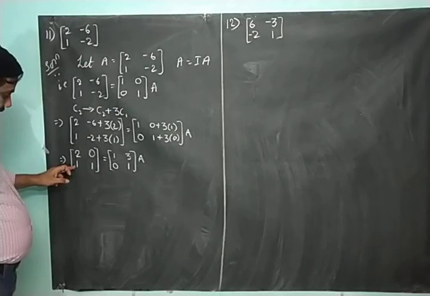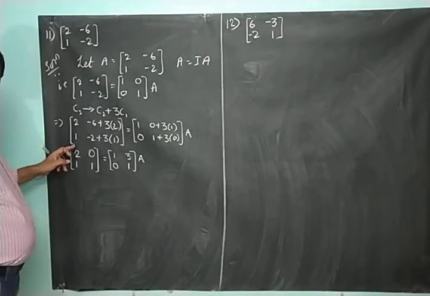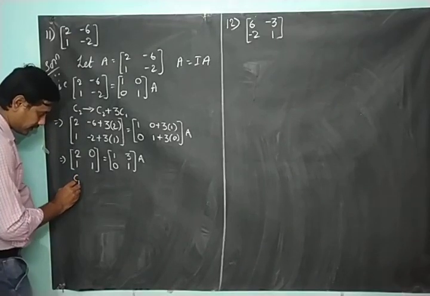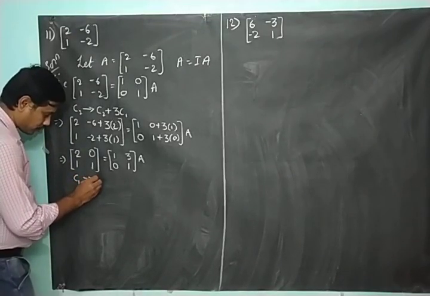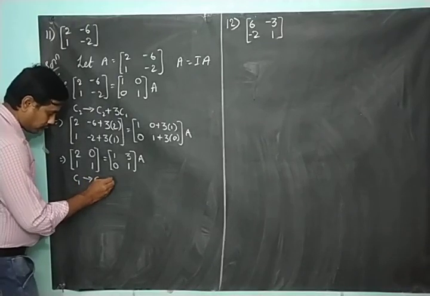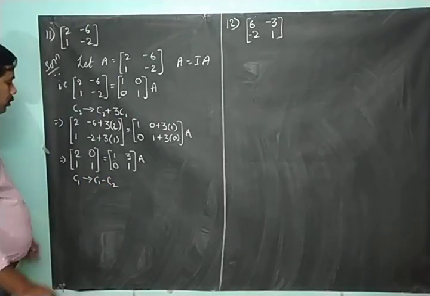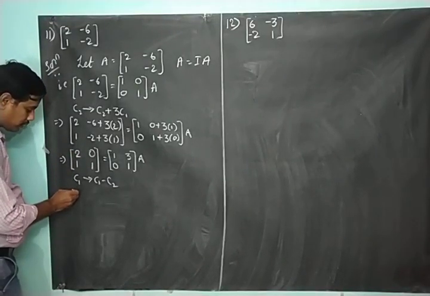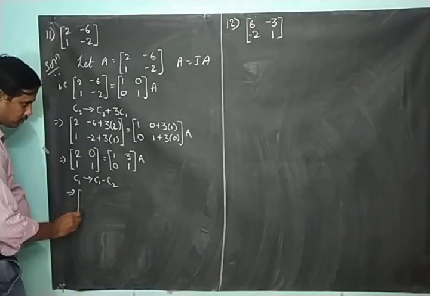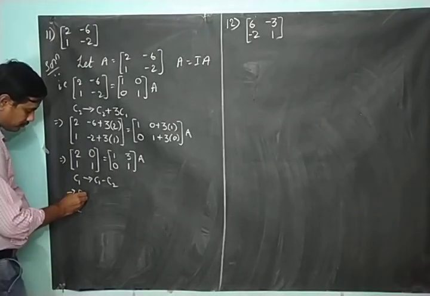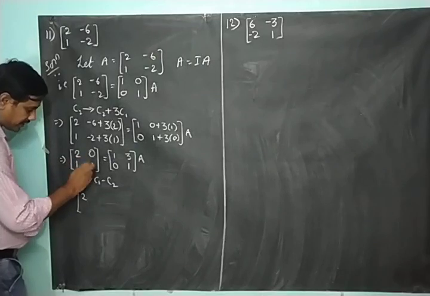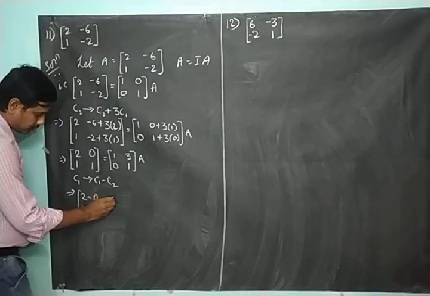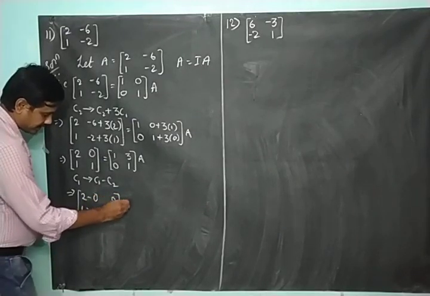Let us try to make this as 0. Then only it will be convenient for us to make this as 1. So column 1 changes to column 1 minus column 2. Column 1 will change to column 1 minus column 2. So what will be my value? 2 minus 0, 1 minus 0, 0, 1 as it is.